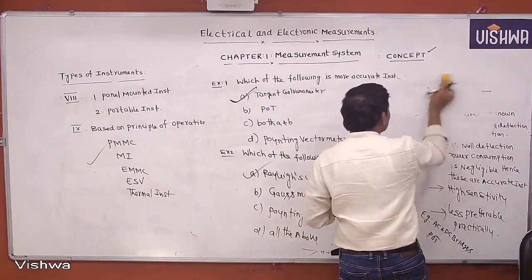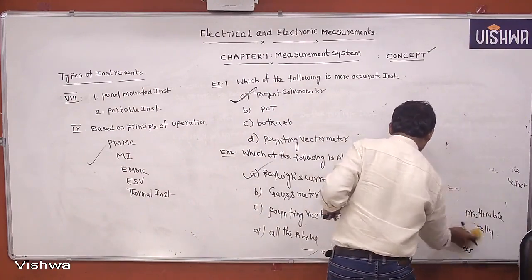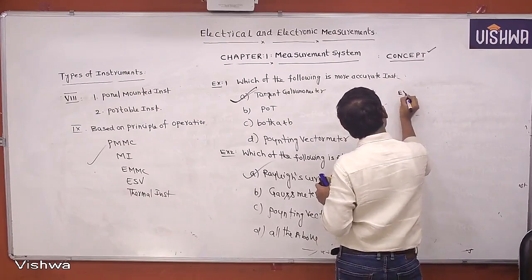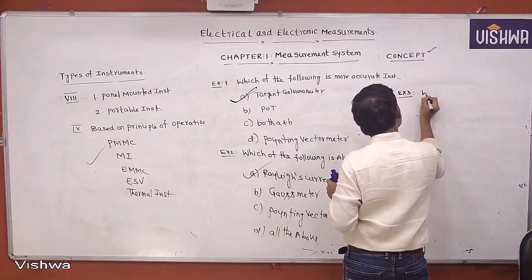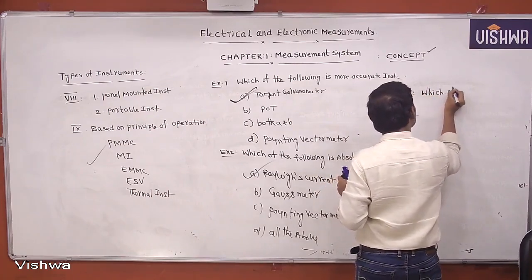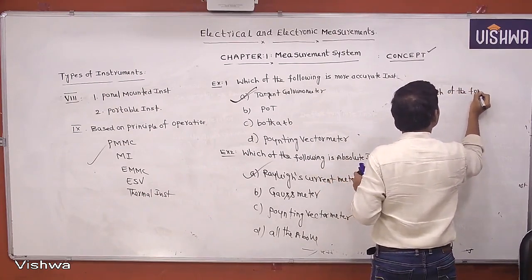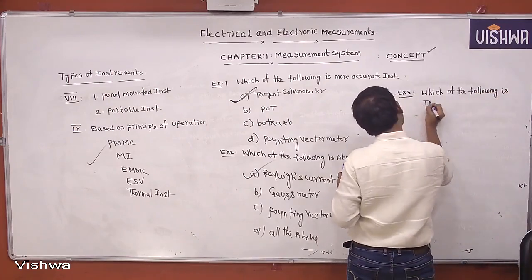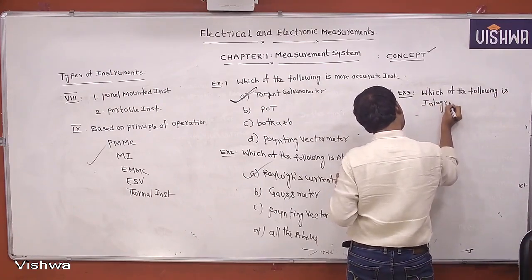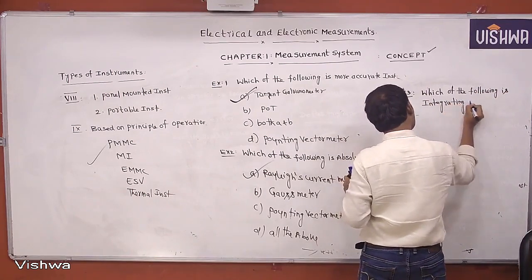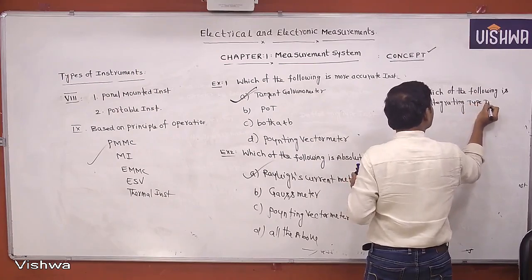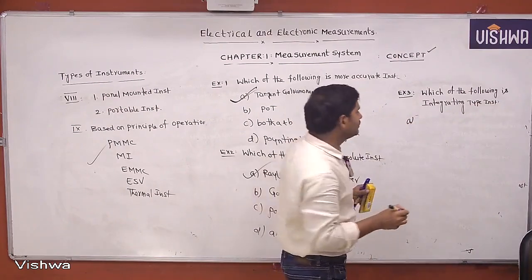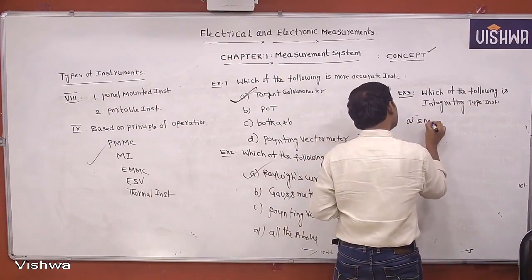If you want to answer this type of question, this knowledge is required. If the question asks which of the following is an integrating type instrument, option A, energy meter.